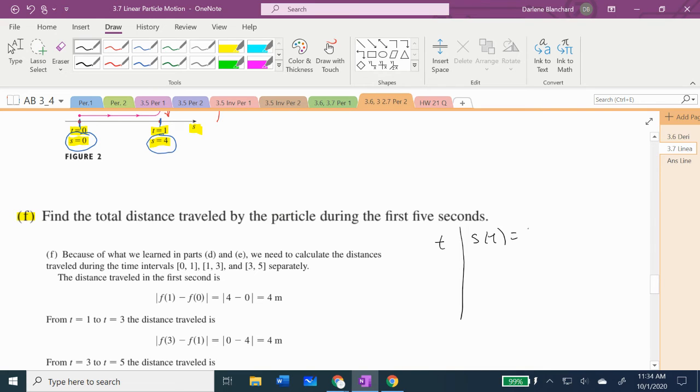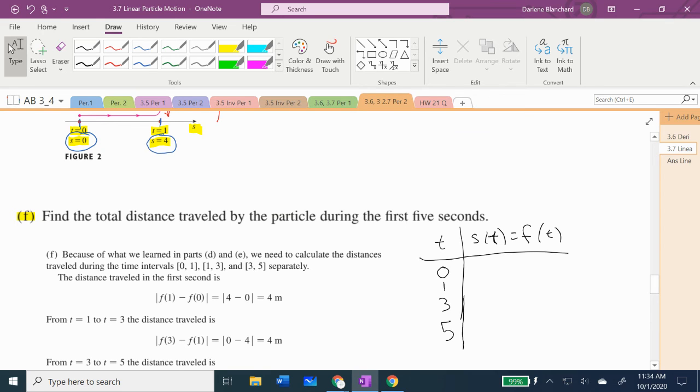S of t, whatever. It's the third degree polynomial. So during the first 5 seconds I start at time 0 and I finish at time 5. I need to know the position at those 2 times and the position at time 1 when my velocity is first 0 and time 3 when my velocity is 0 again.